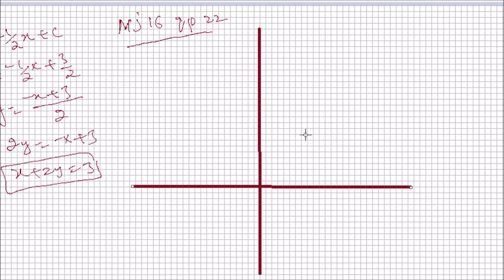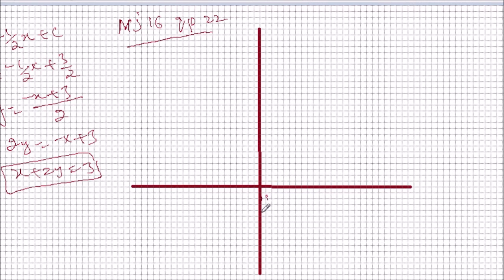If you see the question, they have given you this line in such a way that I'm taking 2 boxes equal to 1.